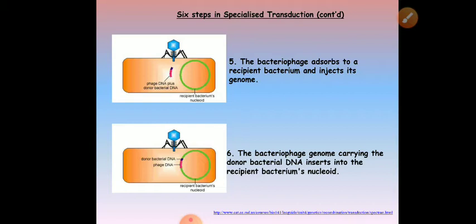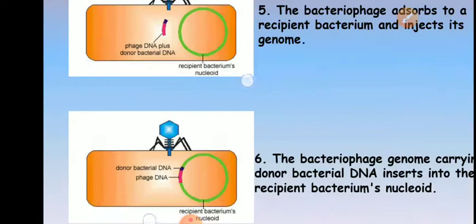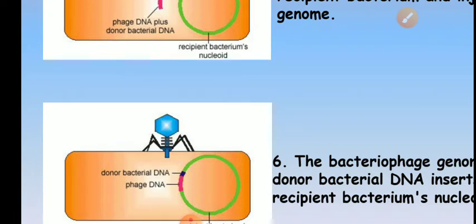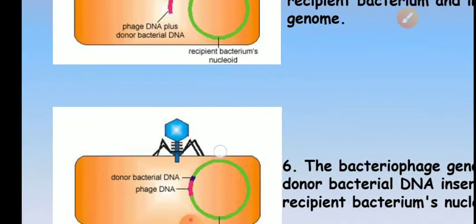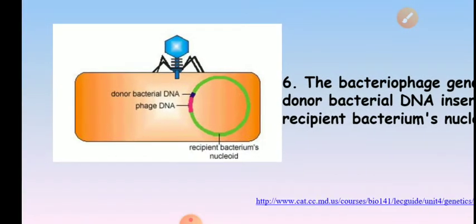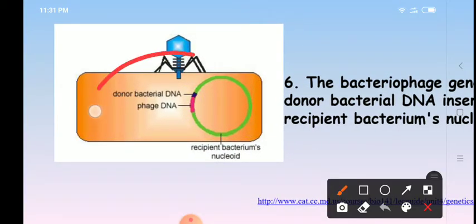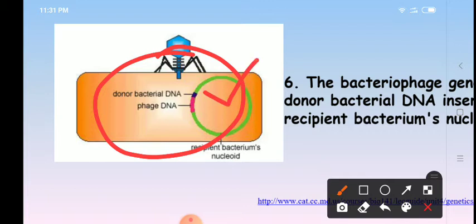Now, when this defective phage infects a recipient cell, it injects its DNA inside the host, and the DNA from the virus gets integrated inside the host. The host cell then has donor bacterial DNA. You can see here, right?